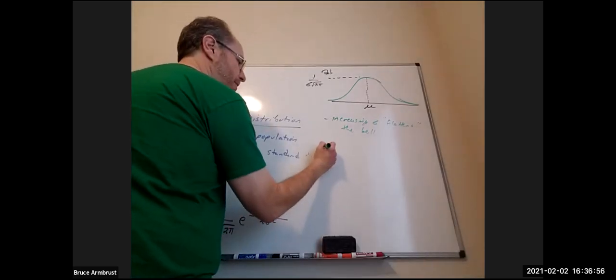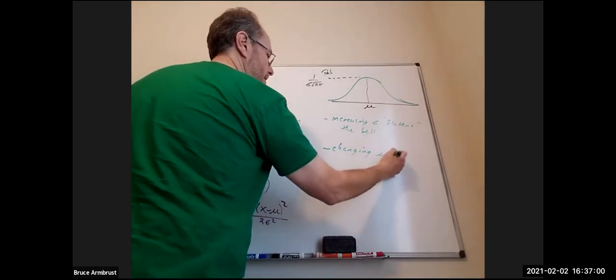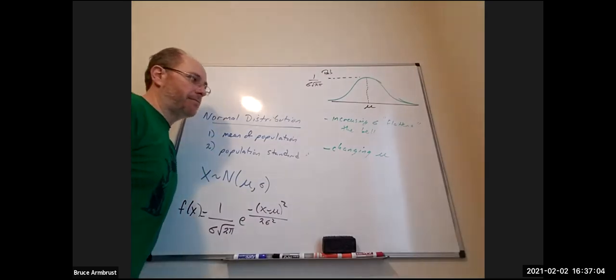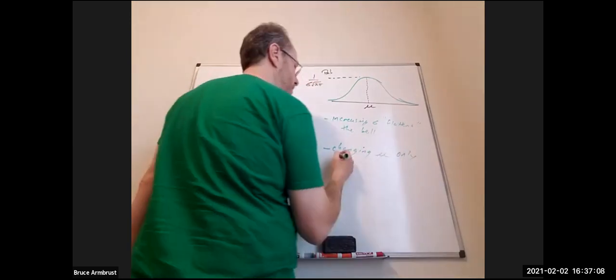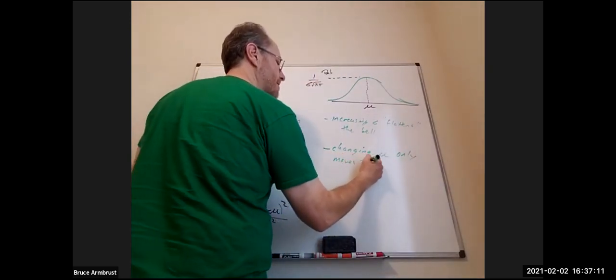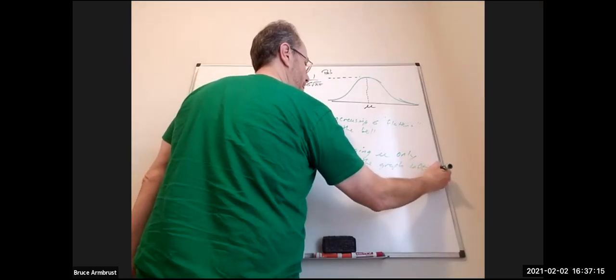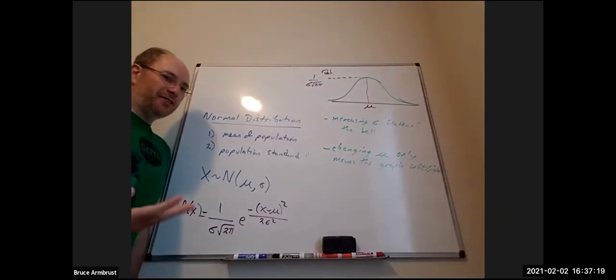If you change mu, so if we change the mean, but we keep the standard deviation the same, changing mu only moves the graph left and right. So that means it doesn't really change the distribution.